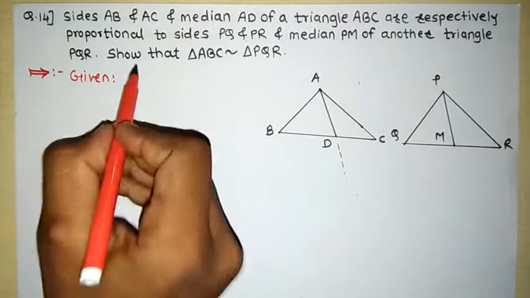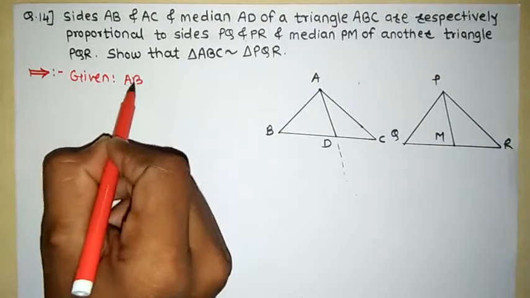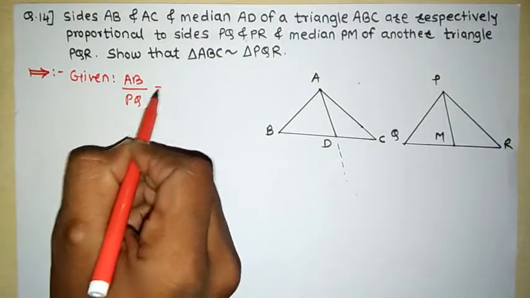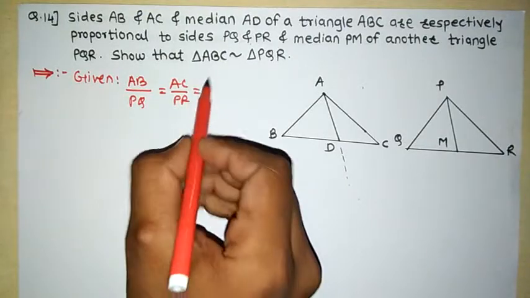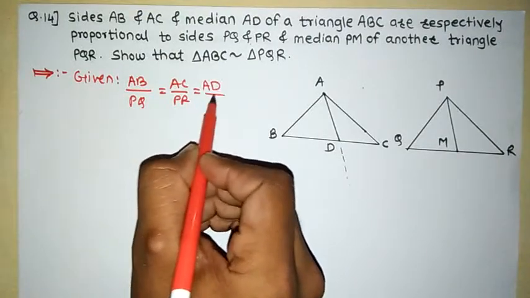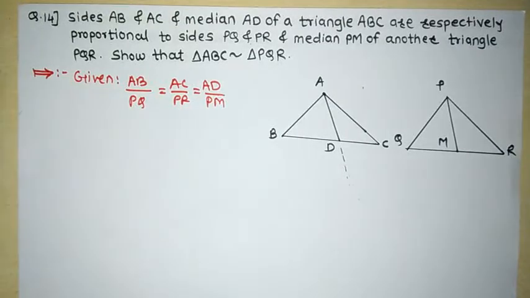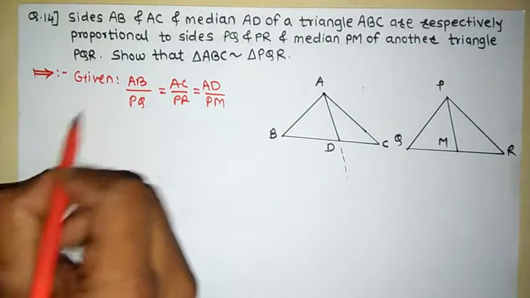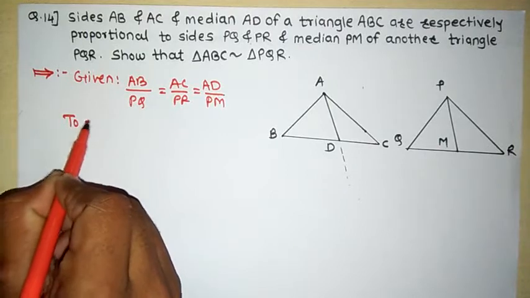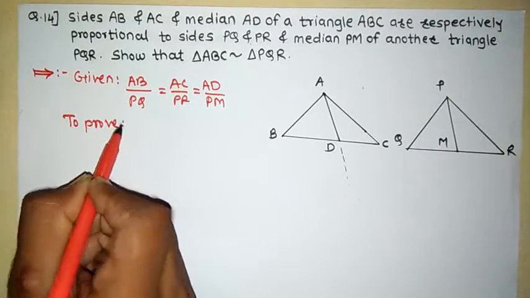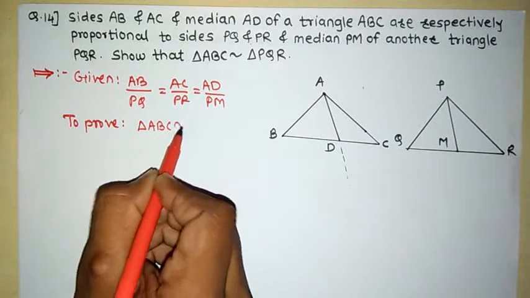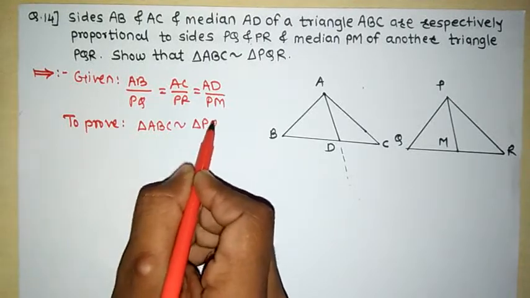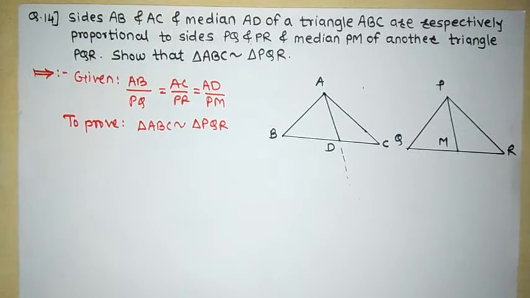Given is the ratio of AB by PQ is equal to AC by PR is equal to median AD by PM. These ratios are equal. It is given. And to prove, what we have to prove here? To prove triangle ABC is similar to triangle PQR. This is to prove.